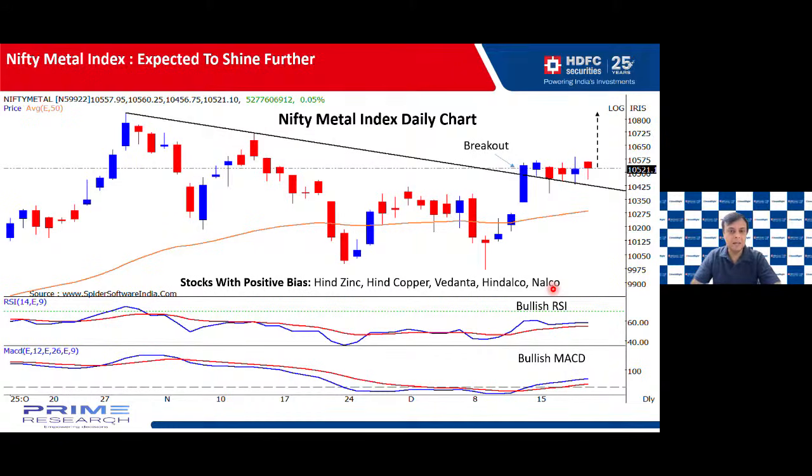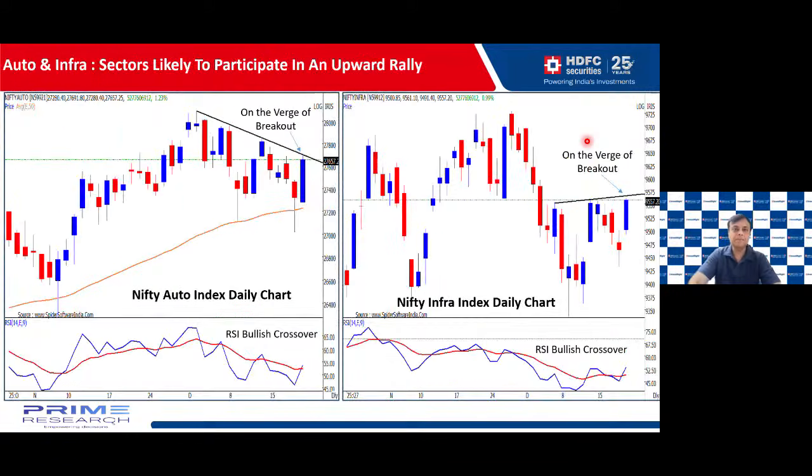These are not recommendations, but that kind of setup is there in the global commodities. It may positively affect these stocks. Their overall trend has been positive, which is going to support the momentum, and the Nifty Metal Index is likely to perform very well in the coming days.